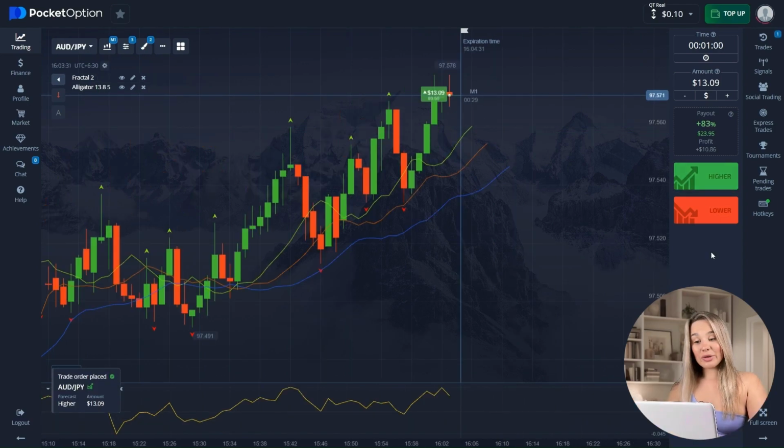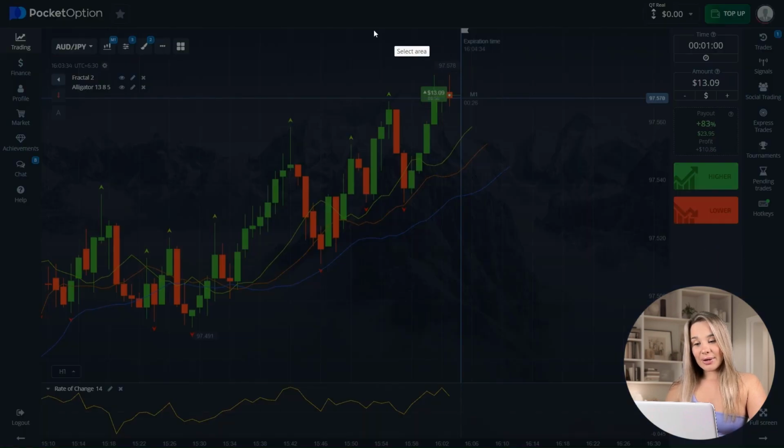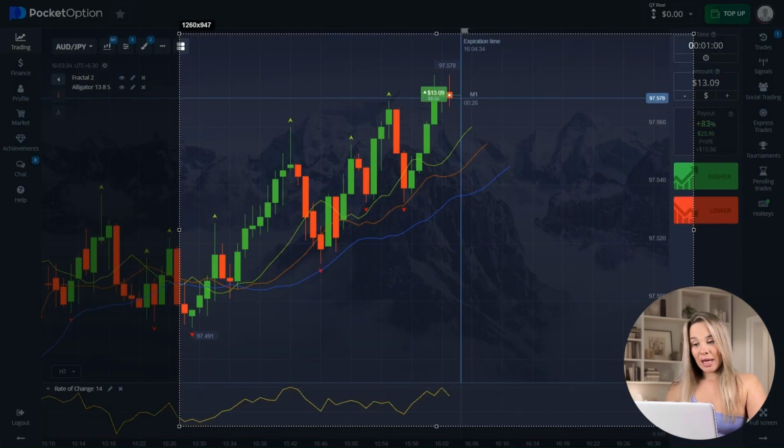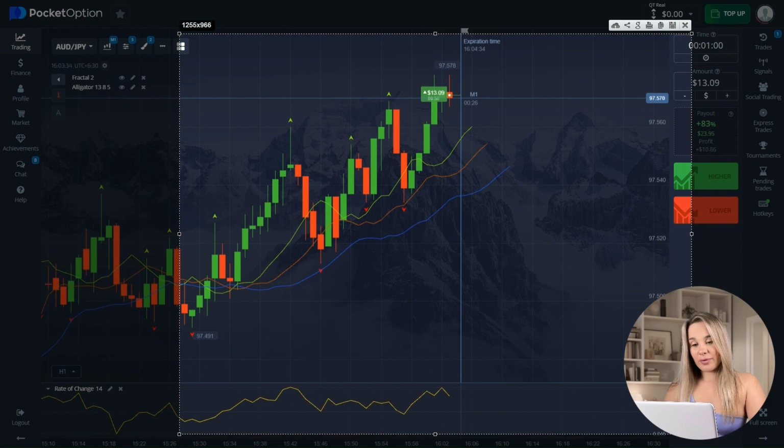Here is a textbook trade, just as I explained at the very beginning. Let's turn to the chart and draw. So here is the nearest candle with a fractal that does not touch the alligator lines. Using the mark above the green fractal arrow, we establish a resistance level which will signal the beginning of the trend.